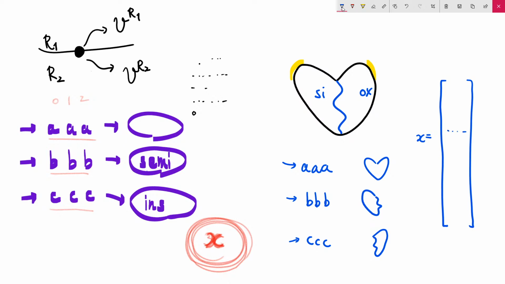For example, you can arrange AAA, BBB, and CCC in this way, or you can take different ways to arrange your quantities. But anyway, today's goal is just to build the X vector.